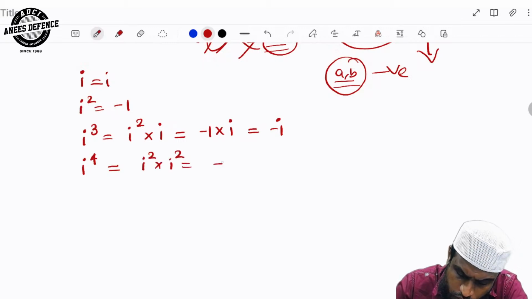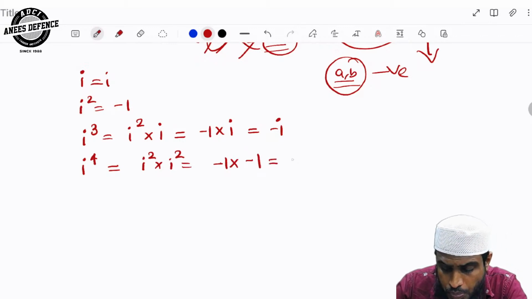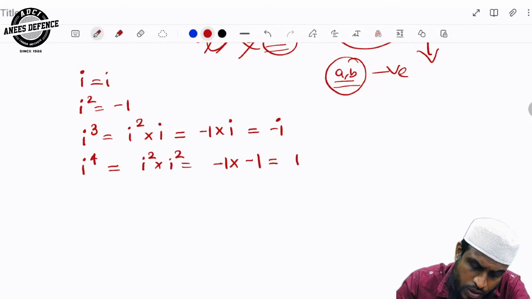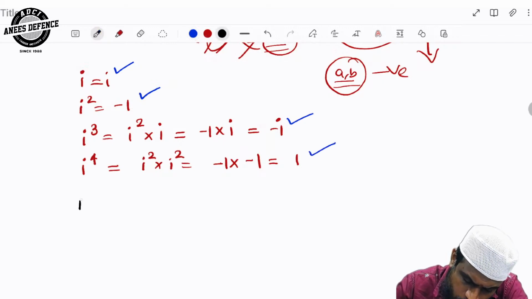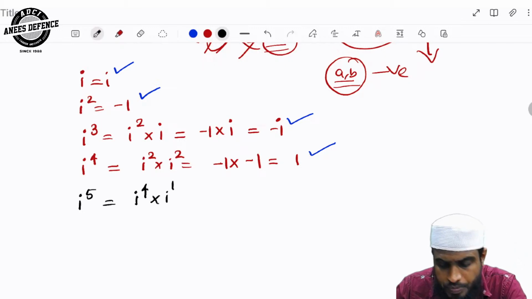I square is -1, I square again -1, minus times minus, you will get 1. So here you can observe: I, -1, minus I, plus 1.